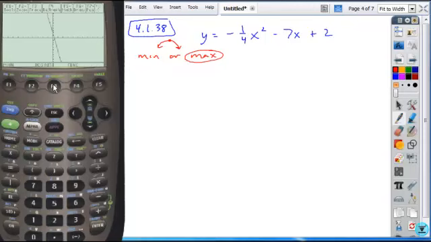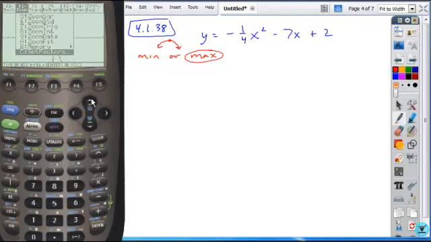And so notice in this particular case, I don't see where my vertex is located. Okay, so what you might need to do on something like this is zoom out. And you can change your window settings a couple different ways. And one, you can manually go in and you can change them. Or if you go to your graphing window, you can go to this F2 and zoom.